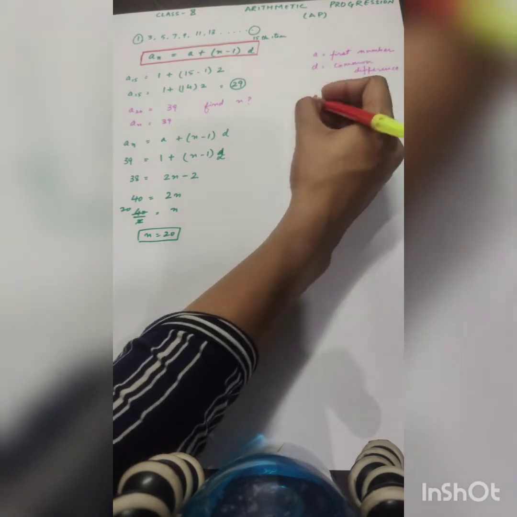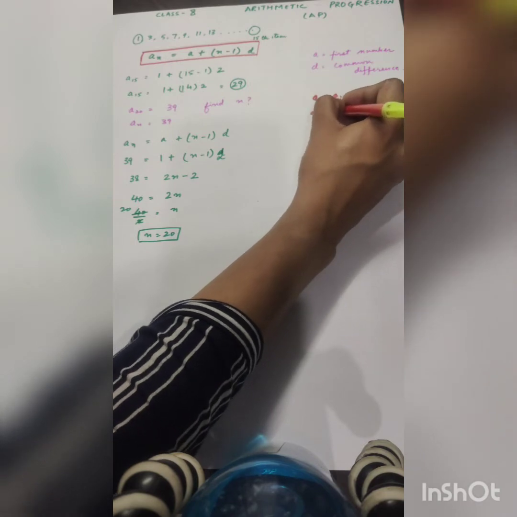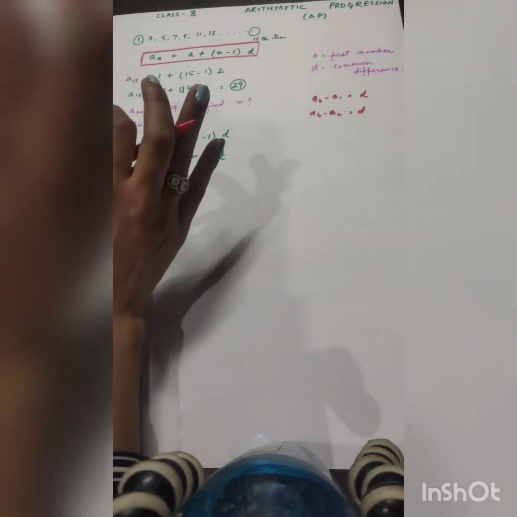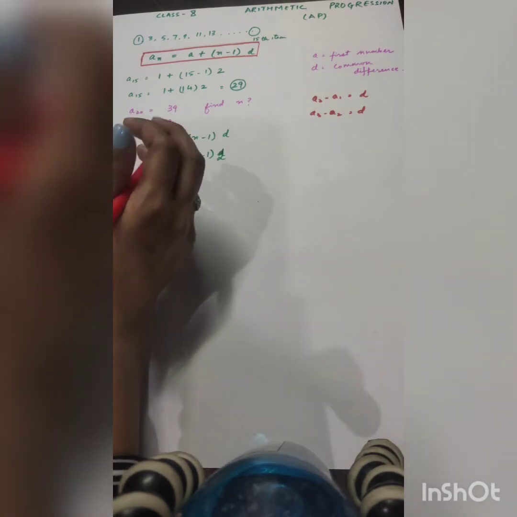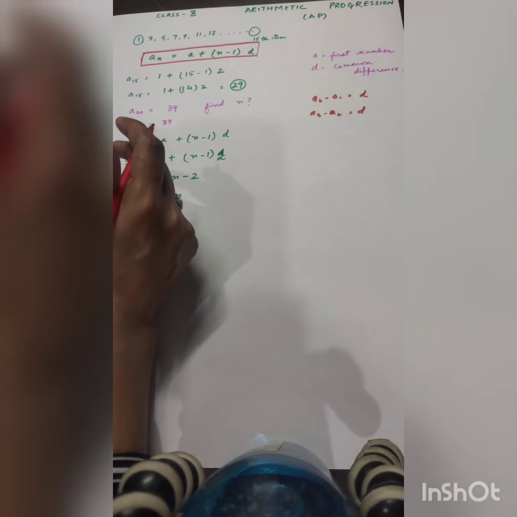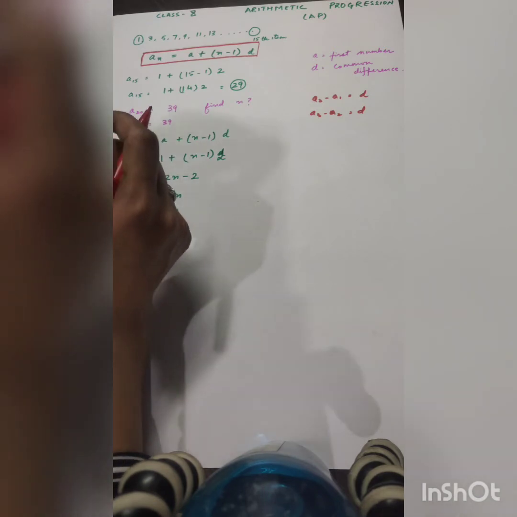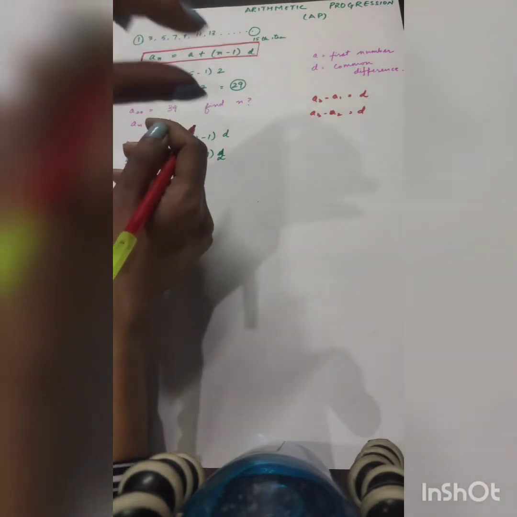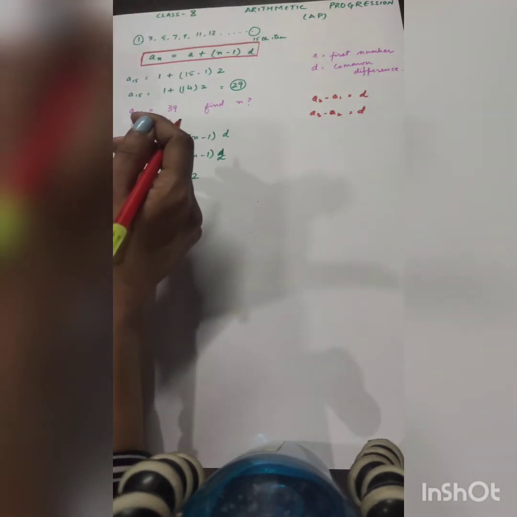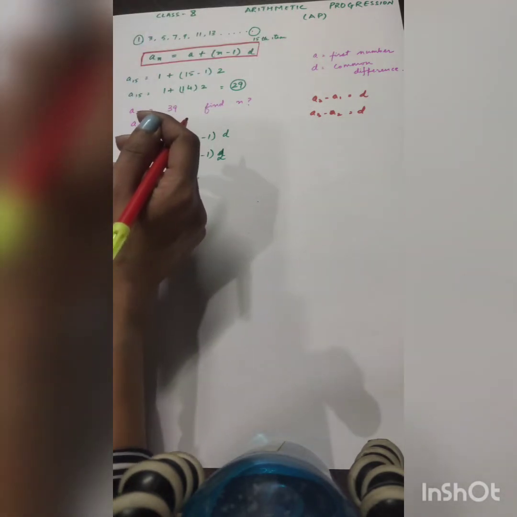Whatever D you get, check A3 minus A2. Is it giving you the same D? If it is giving you the same D throughout, that means it is in AP. So the quickest method is to check A2 minus A1 and then A3 minus A2. Is it equal? If you check the first 3 or 4 terms, you find that D is the same.